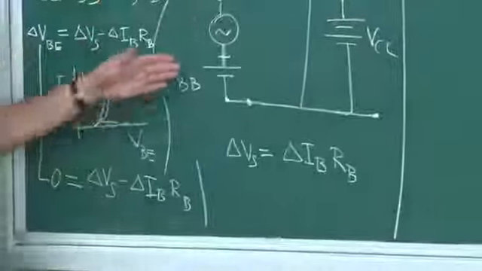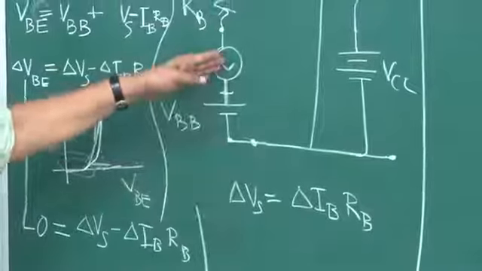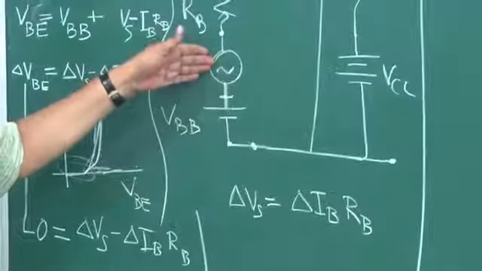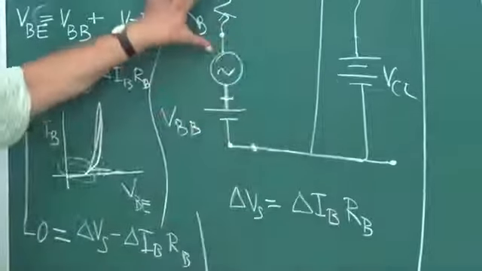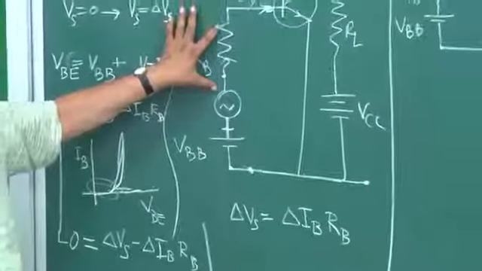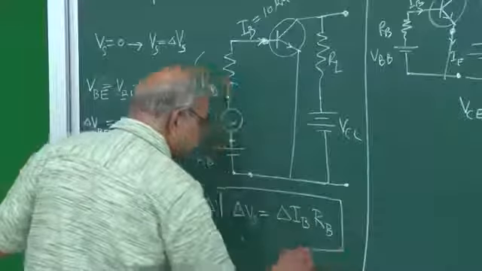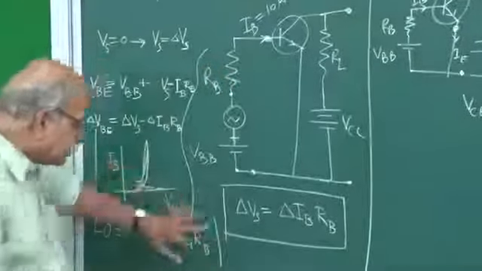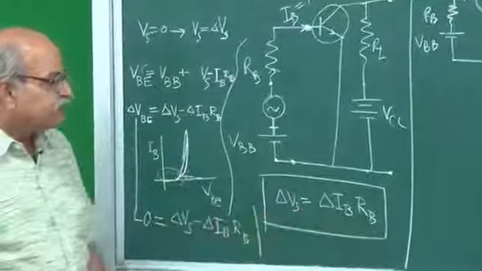So whatever voltage change in the biasing is brought about by this signal, that is compensated by the increased or decreased voltage drop here. So you have this equation. So your signal can be written like this. The variation in signal in time delta t can be written like this.